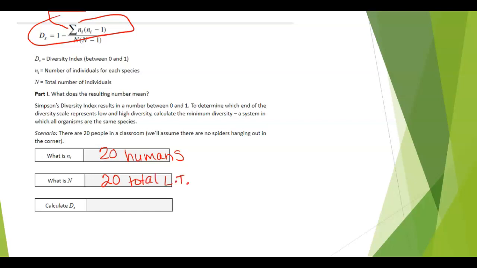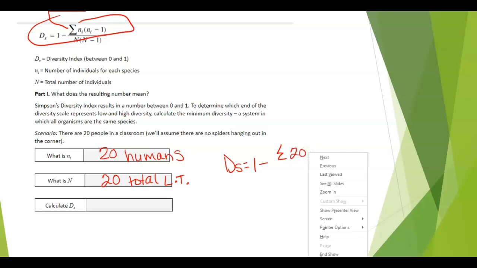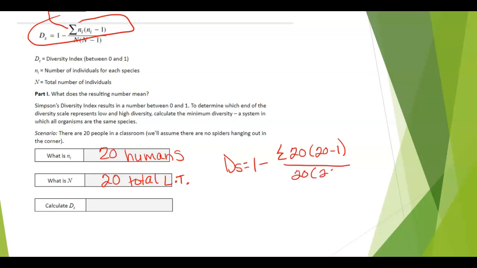Then we calculate the diversity index. We take 1 minus the sum of all of the little n's. So little n is 20, multiplied by n minus 1, and we divide that by big N, which is also 20, multiplied by 20 minus 1. That gives us 1 minus 20 times 19 over 20 times 19, which is 380.